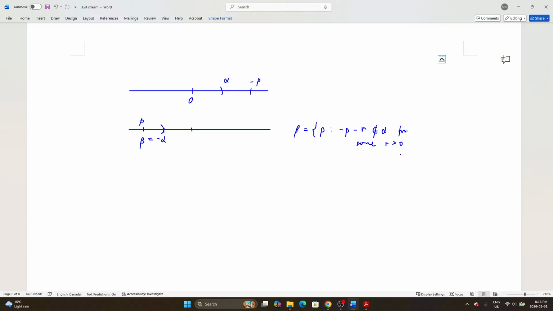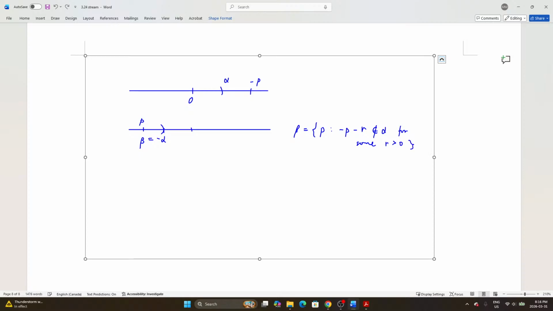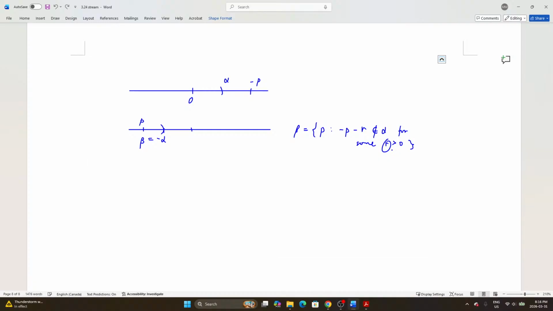This R stands for rational, okay? This is not a relationship between cuts, but just a rational. So this is what we mean: minus P is here, and minus P minus R is here.